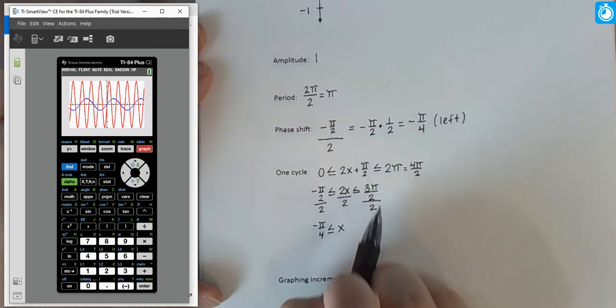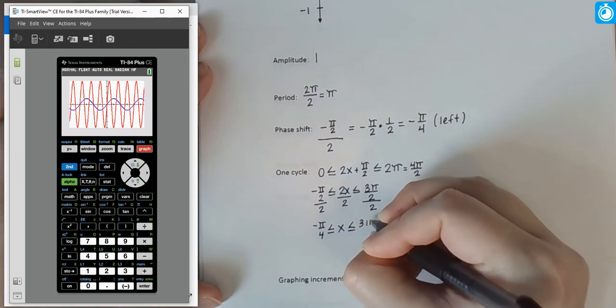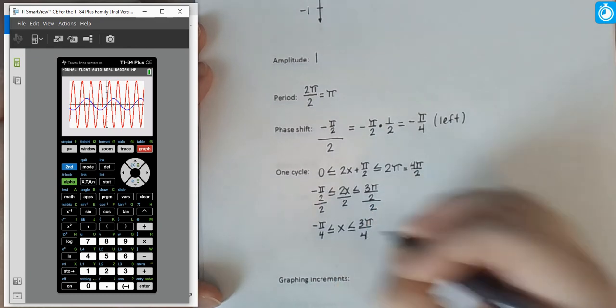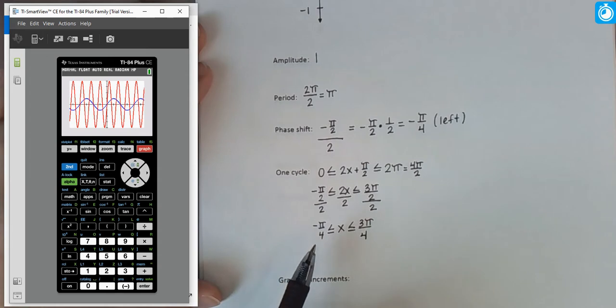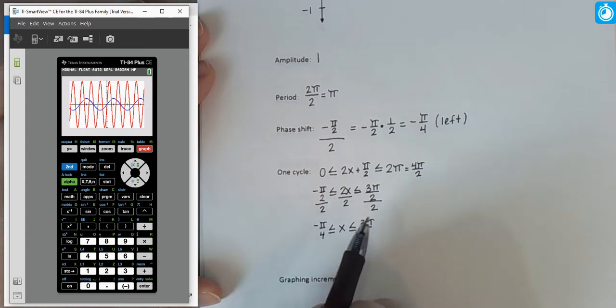And then 3 pi over 2 divided by 2 is going to give us 3 pi over 4. So in this case, notice our cycle is not going to start at 0. With the previous 2 examples we did, the cycle still started at 0. It just didn't reach all the way to 2 pi. Here, our cycle is going to go from negative pi over 4 to 3 pi over 4.